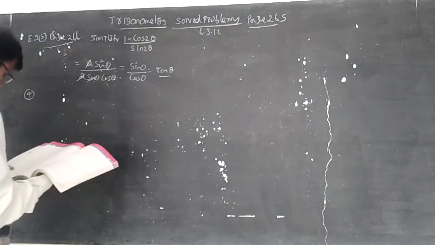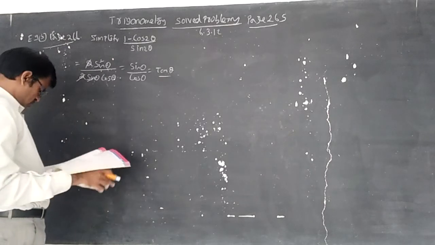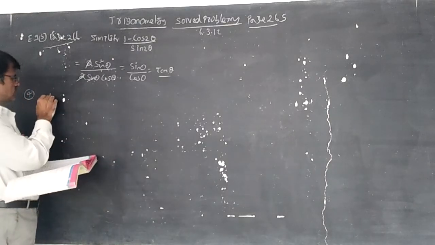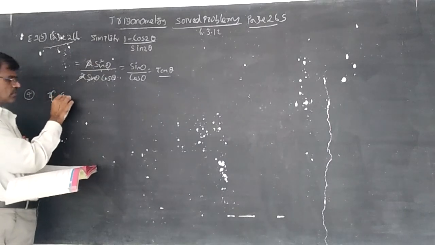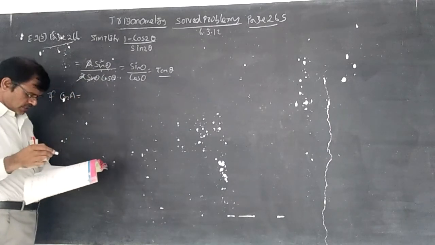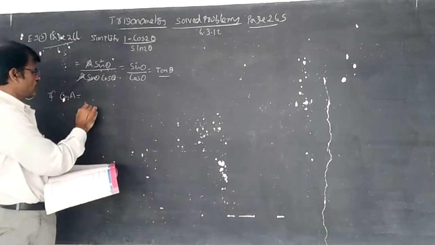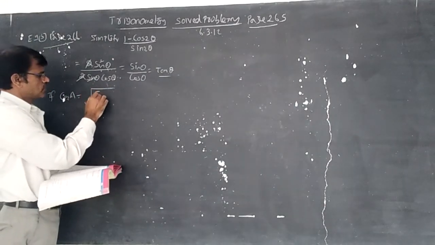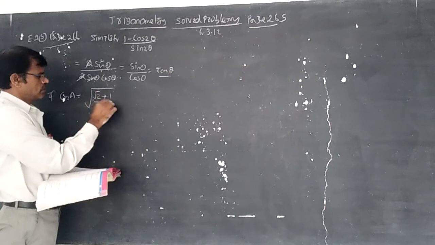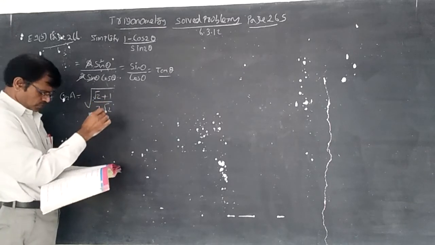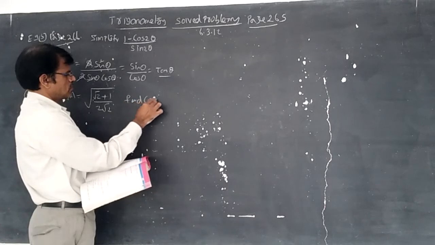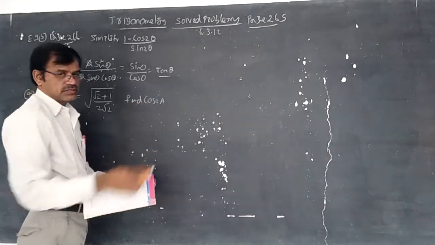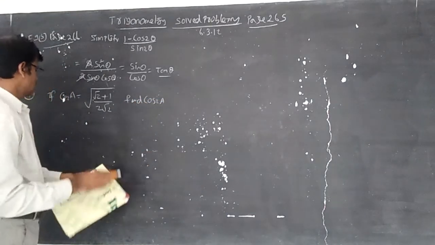Fourth question is there. If cos A is equal to square root of (root 2 plus 1) by 2 root 2, find cos 2A. It is an easy question.